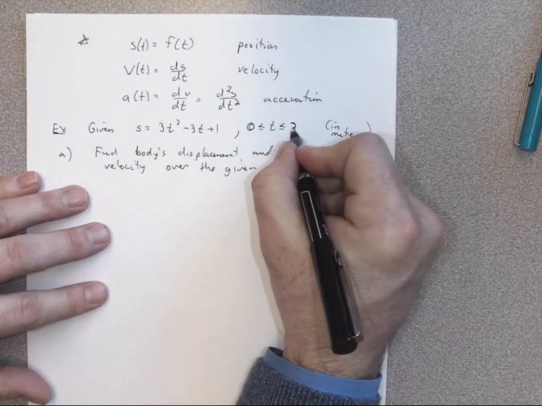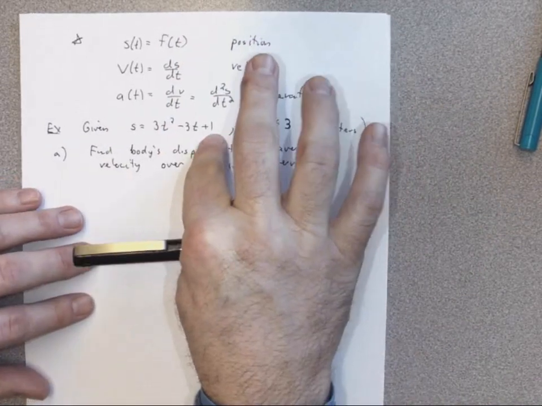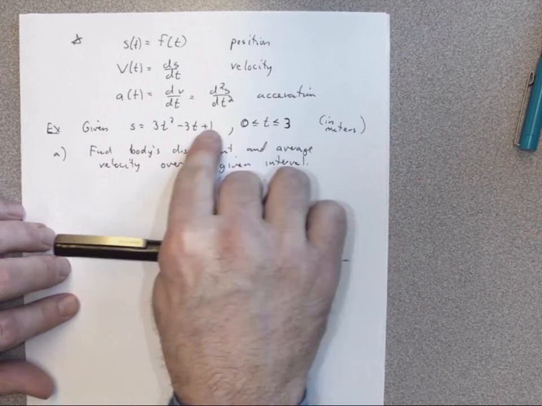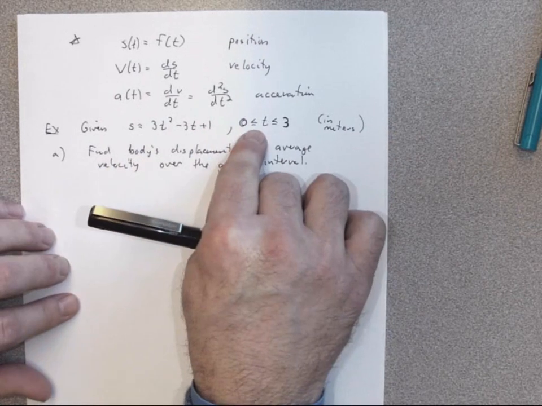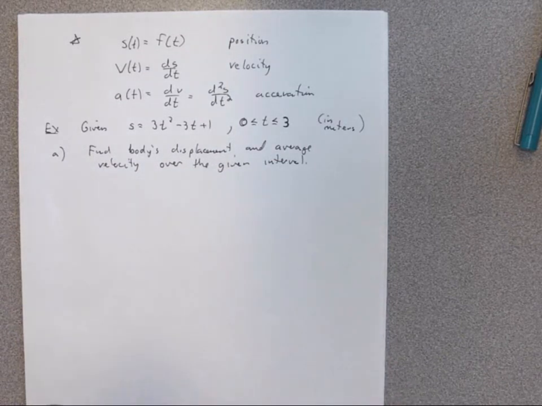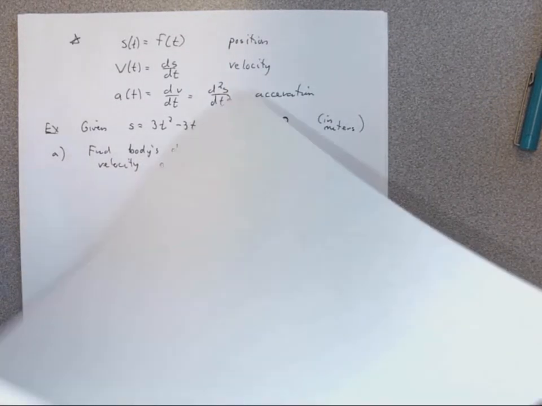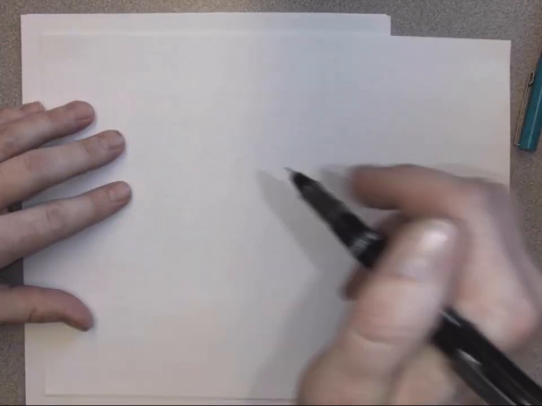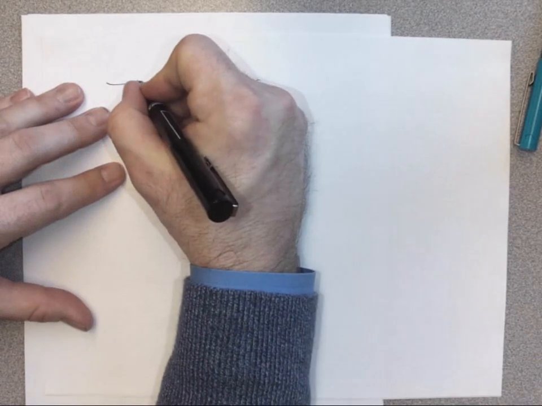This is our interval. So what we're saying is this particular particle is moving like this function only from here to here. I'm not exactly sure what it looks like, but graphically it kind of looks like this. We have some s-axis, so this is s. We have a particle that's going to start somewhere.